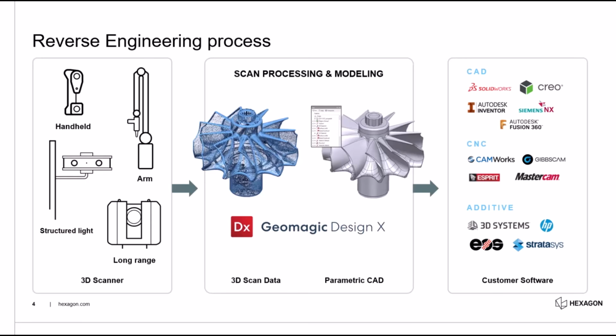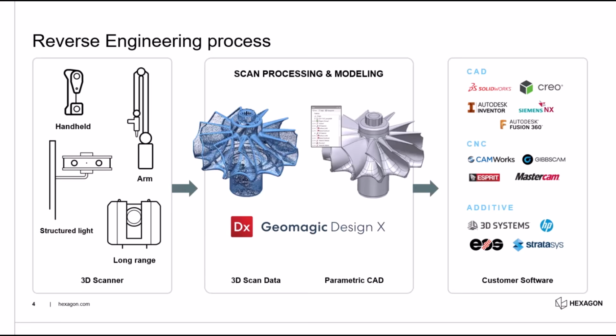As you can see here on the left-hand side, we have different types of 3D scanners, and Design X has the ability to connect to those scanners with plugins and import tools. We have done it for over 30 years, so we have every kind of importer, file type, and plugin imaginable to connect to these different types of 3D scanners.